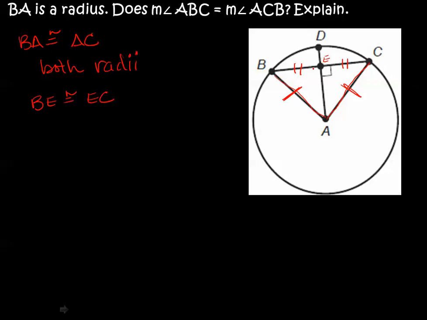And then you can look right here, these guys are both right angles. And we can say that these two angles are congruent to each other because corresponding parts of congruent triangles are congruent.